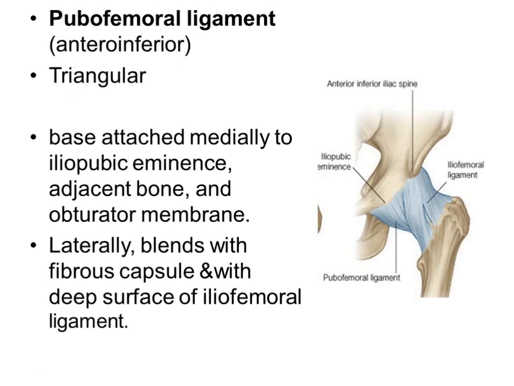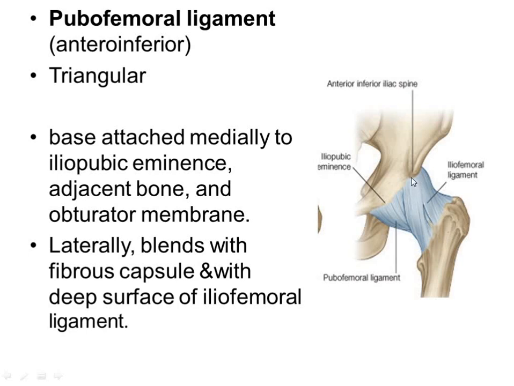The pubofemoral ligament, this is iliofemoral, lies inferior to the iliofemoral ligament. It supports the hip joint anteriorly and inferiorly. This is also triangular in shape. The base is attached medially, opposite to the iliofemoral.